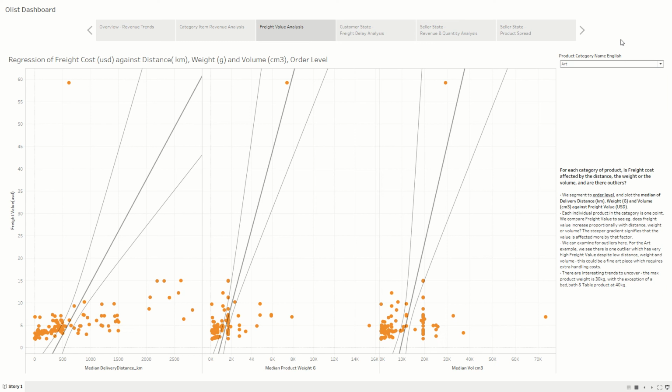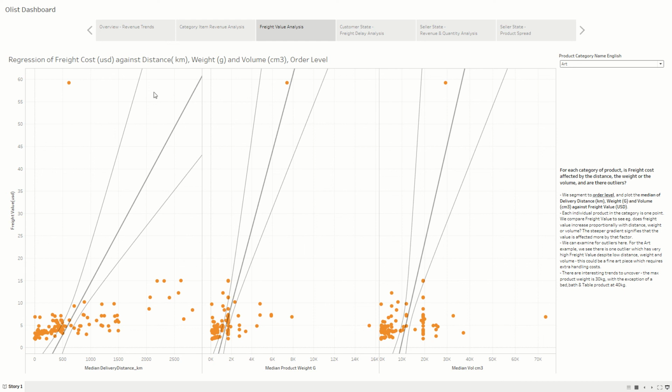So I did this for arts. For example for art, we see there's some kind of distribution down here, all these are art orders, and there's a sort of limit down here, as well as a particular piece of art that had a low freight value but was pretty high in terms of volume. So this could be maybe some discount deal or something like that.